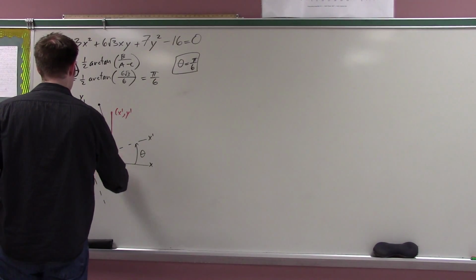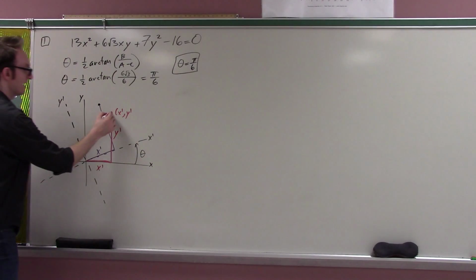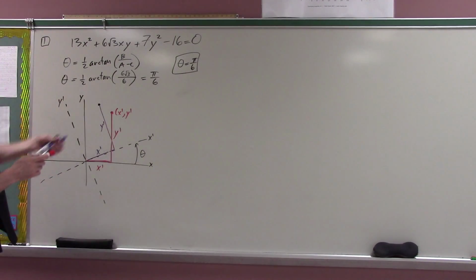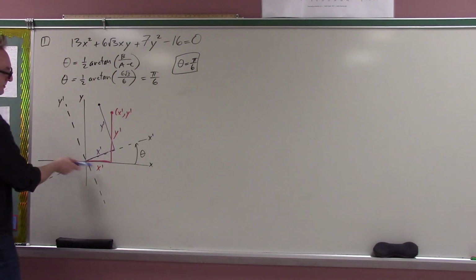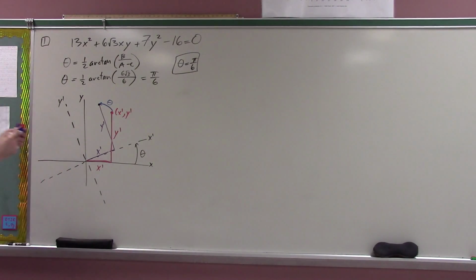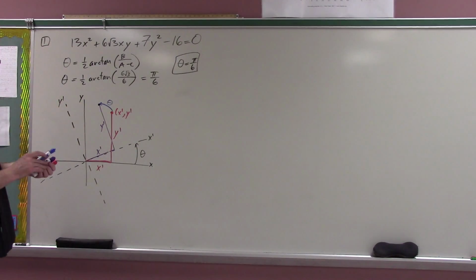So that's x prime and that's y prime. And I say, okay, if I plot this point, x prime comma y prime, or even like a vector basically, and then I rotate that vector by theta degrees, then I get the new point x comma y.